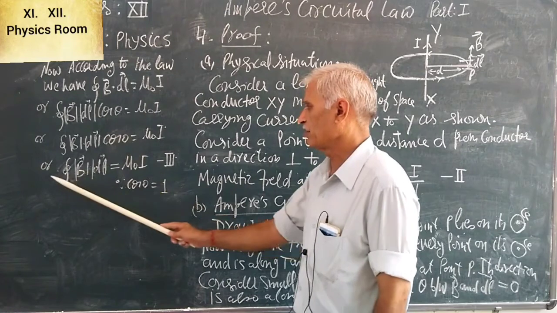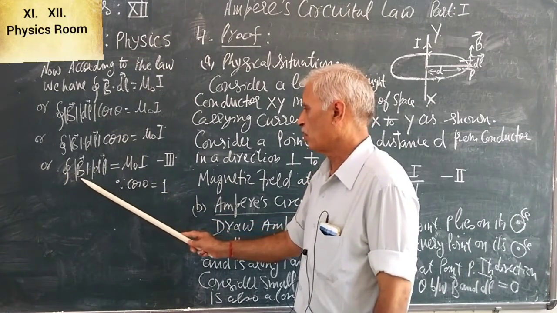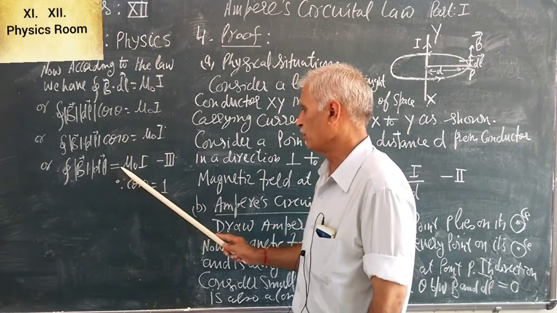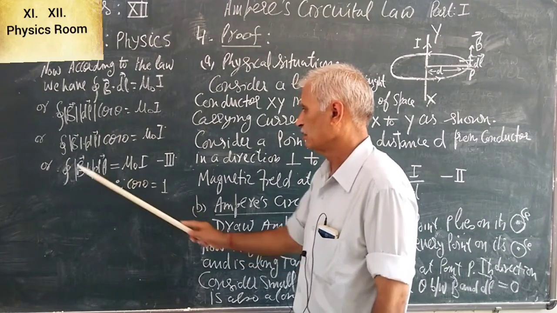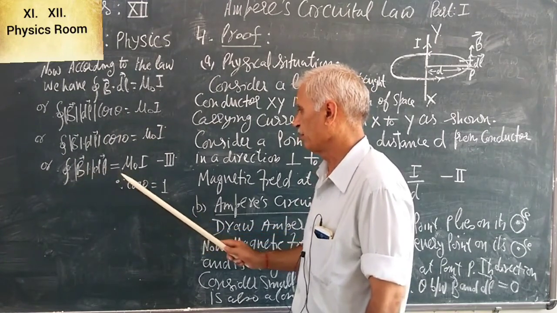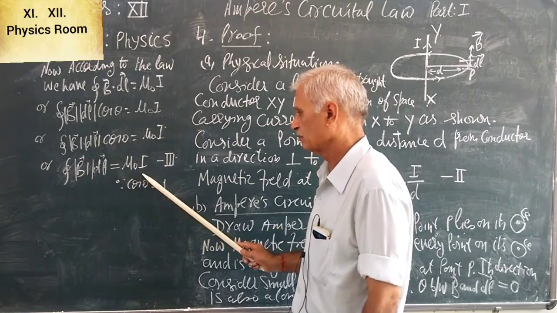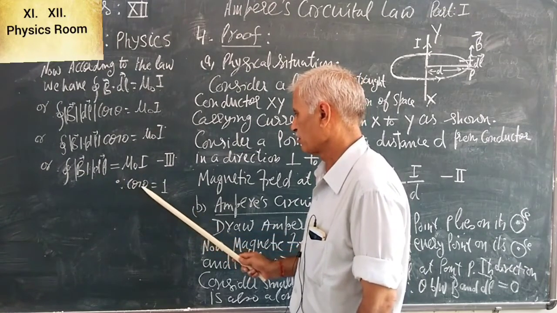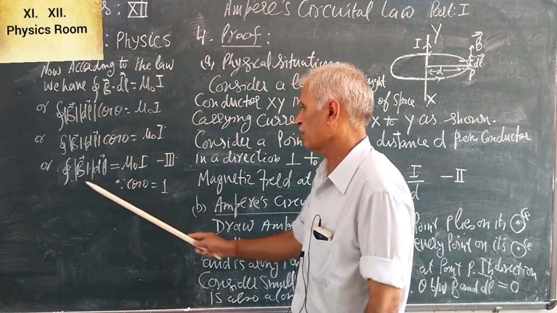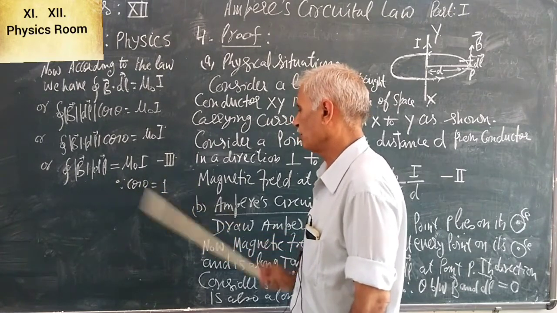We arrive at the expression mod B mod dl is equal to mu0 I. So line integral of magnetic field over the whole loop is equal to mu0 I, because cos 0 is 1. Let us mark it as equation 3.